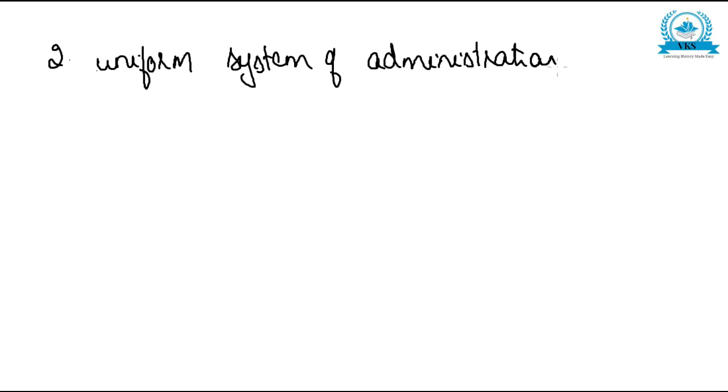India was a land of different castes and culture, and the uniform system of administration provided by the British was not accepted by the Indians. They provided a uniform system of administration and also a uniform judicial system, both were introduced by the British, and this was not welcomed by the Indians.